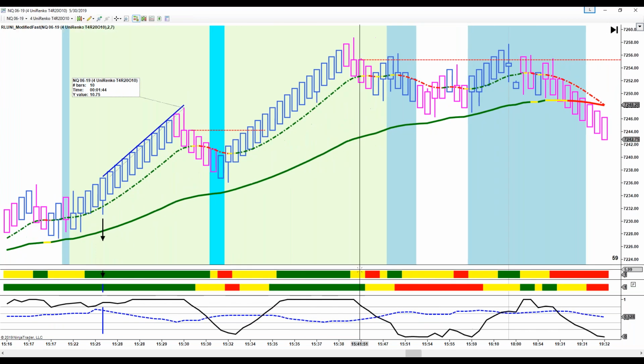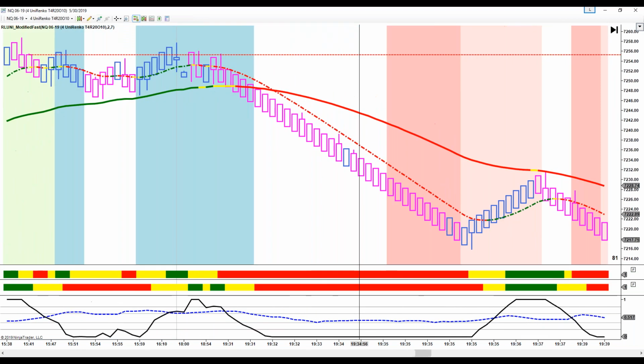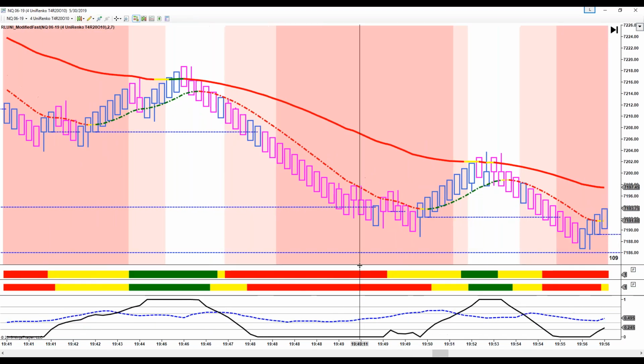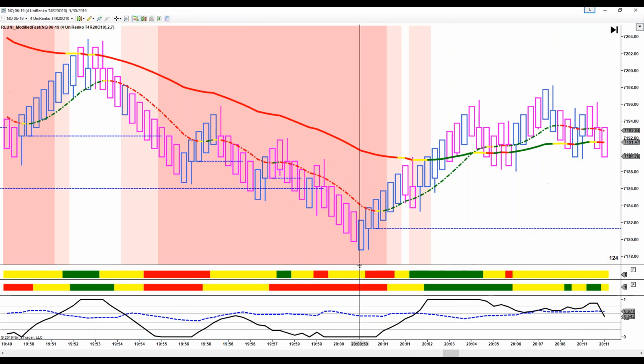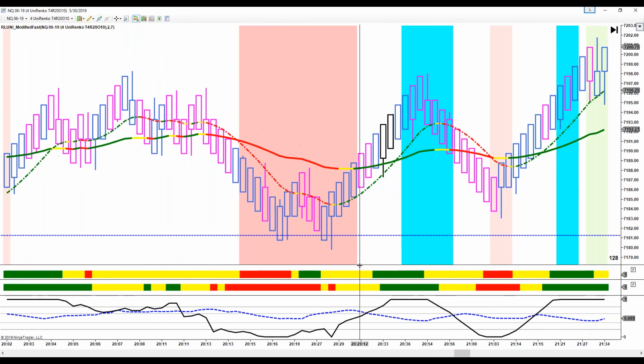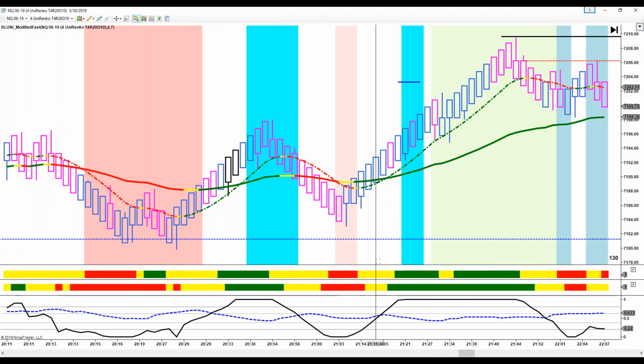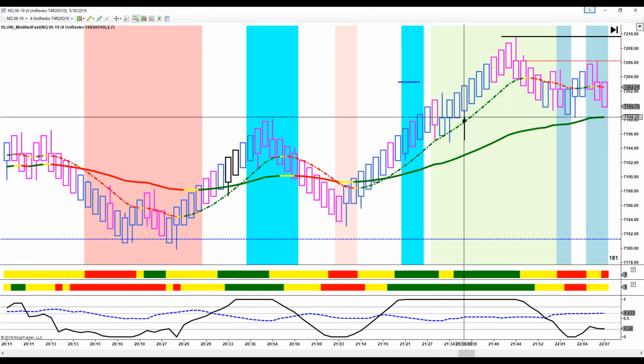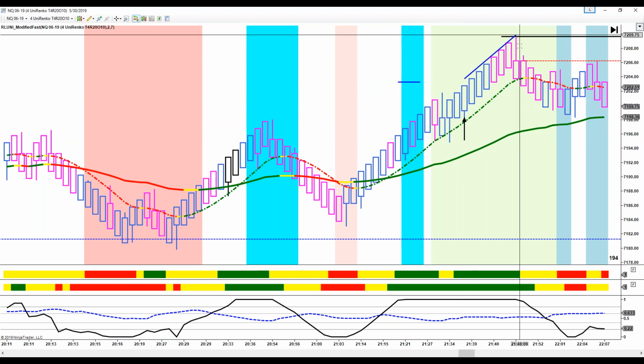So I'm only going to show you the dual green. You want to trade when the background bias is red or green. And so you're only going to take the most conservative trades. Right here, there's your pullback. And up you go.